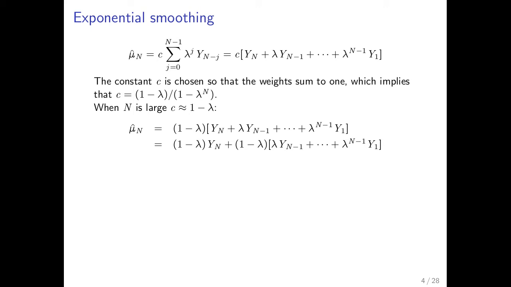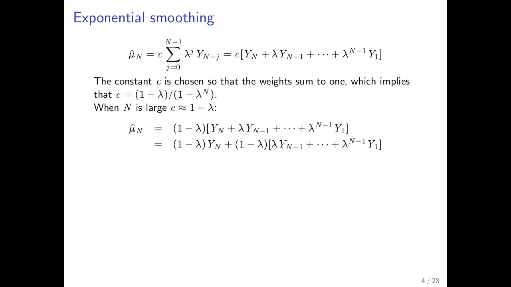If we look at this, how do we go from there? We keep the first bit, (1 minus lambda) y_n. But can we make the rest similar to what we have up here as a reference point with a different time lag? What we want is to find mu hat n minus 1.